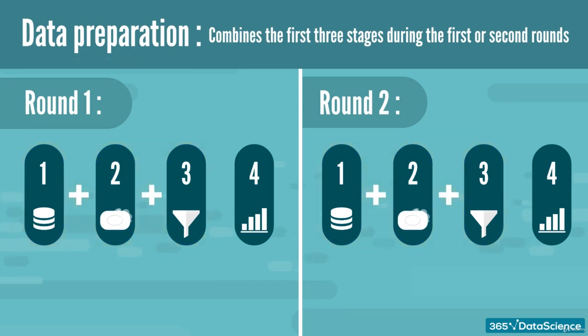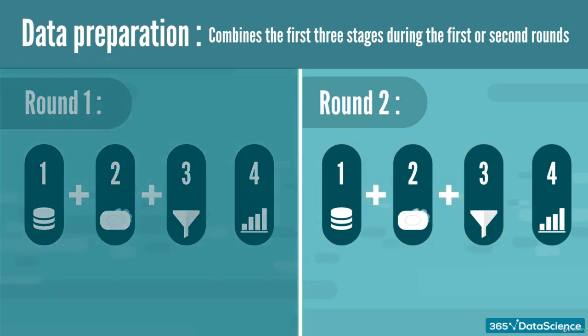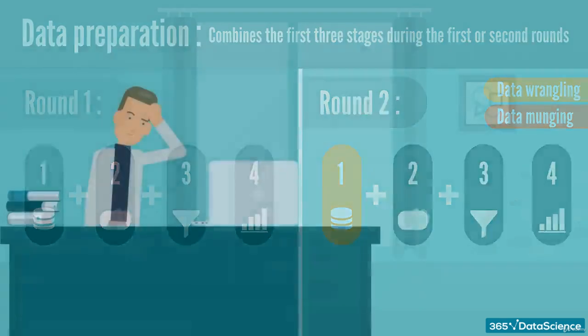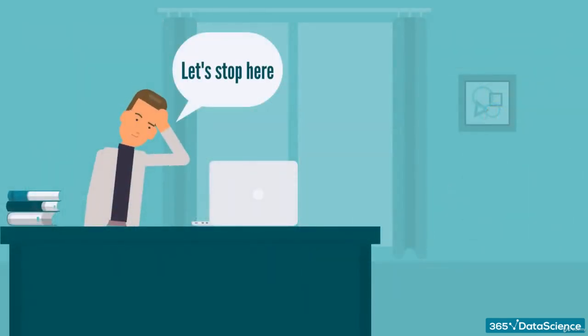Interestingly, only when talking about the second round, data preparation can also be referred to as data wrangling or data munging. However, some professionals will tell you that wrangling only regards data cleaning during the overall second interactive analysis stage. If we keep adding terms and buzzwords, it will only get more confusing. So let's agree to stop here.